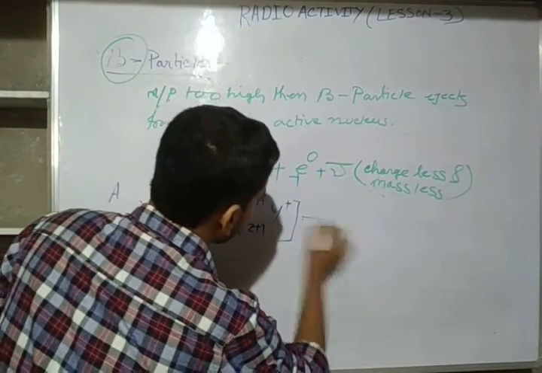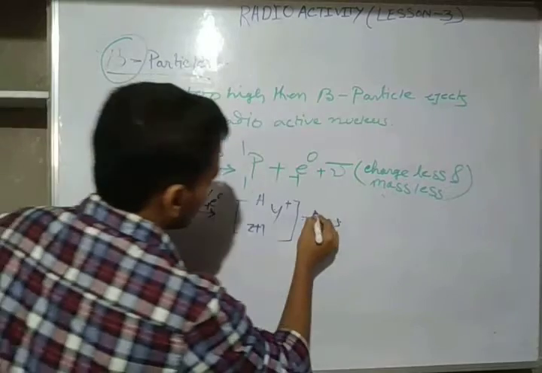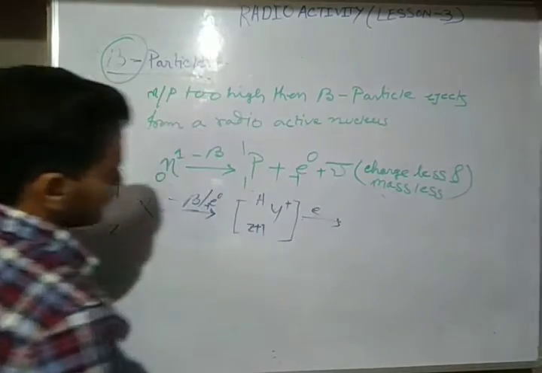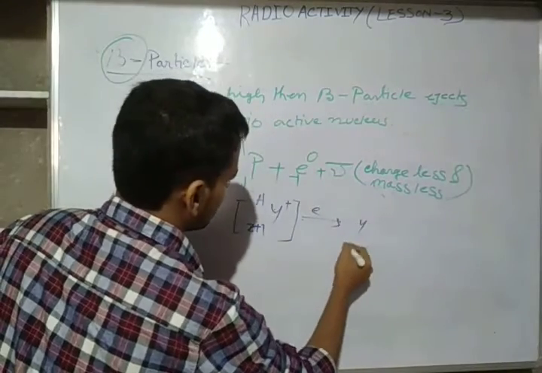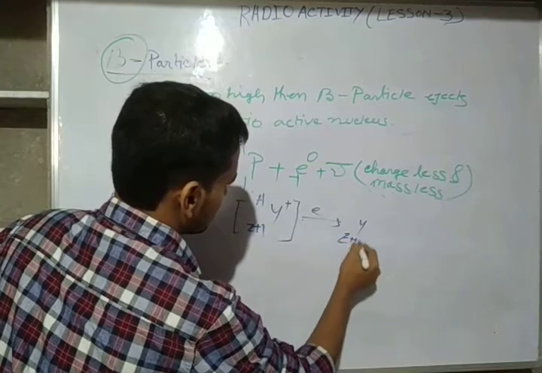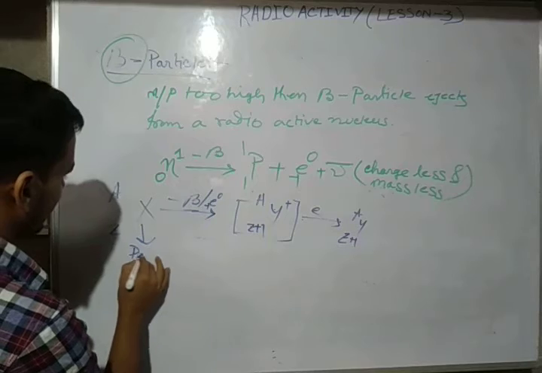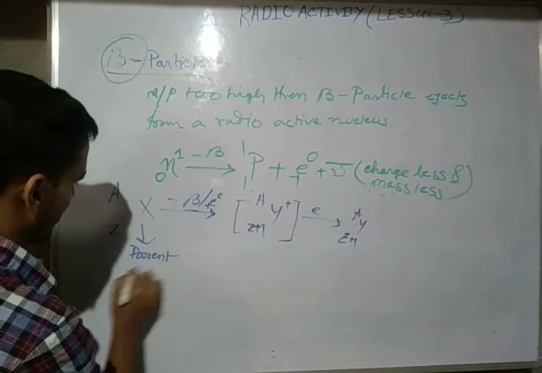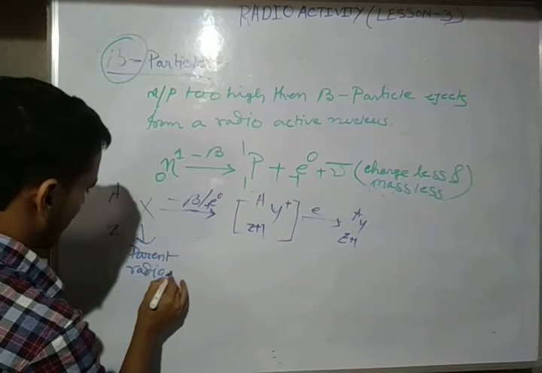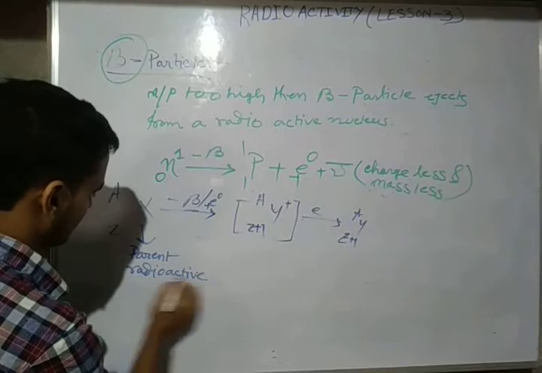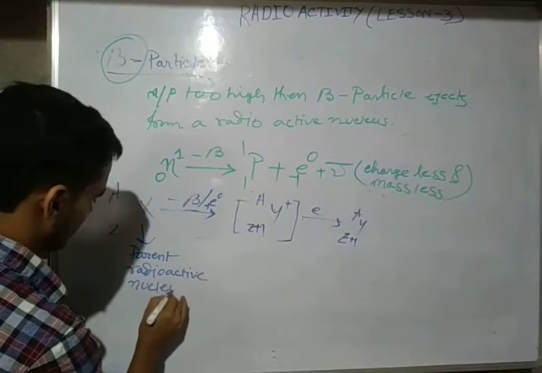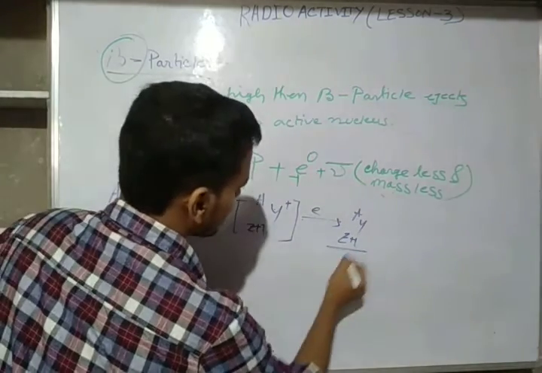This cation is balanced by an electron. Then the product forms. This is the parent radioactive nucleus, and it is the daughter.